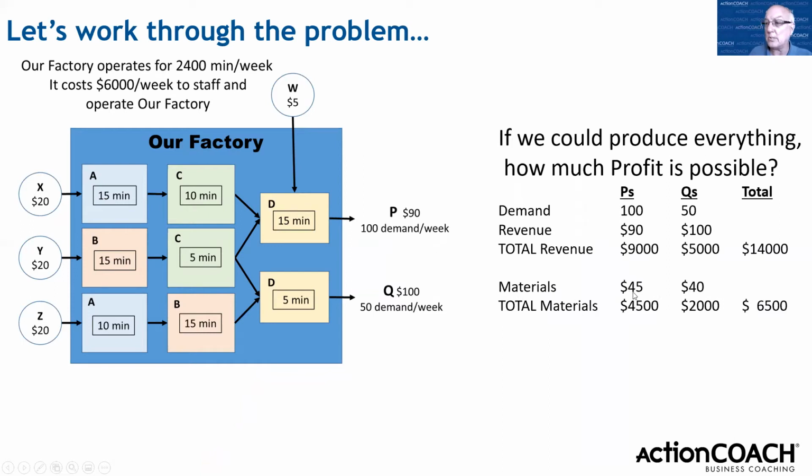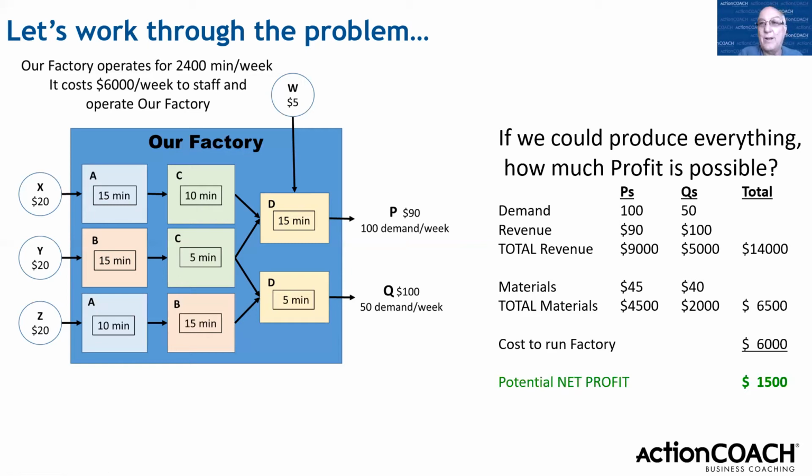We have material costs of $45 for Ps times 100, $4,500. 50 Qs at $40 apiece, it's $2,000, gives us a total material cost of $6,500. Cost to run the factory, all labor and overhead and energy and all that good stuff, is $6,000. Gives us a potential net profit of $1,500.